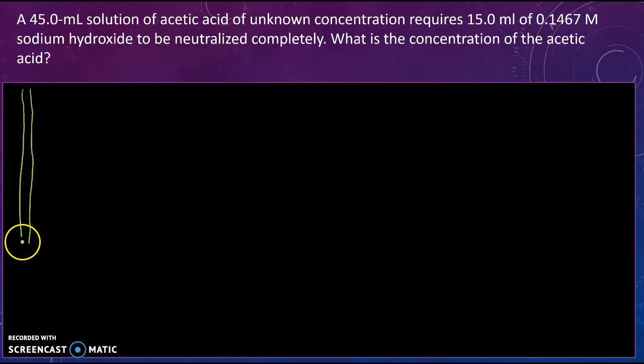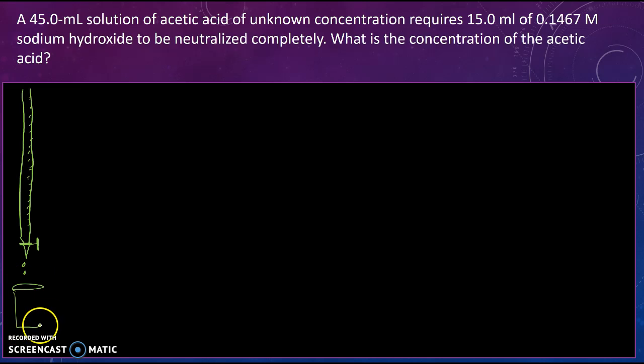We're going to have, usually, a burette. A burette has a long tube. It's got all these volume marks on it. And then it's going to have a valve called a stopcock. It's being held in a ring stand, and you can deliver this liquid into a beaker.